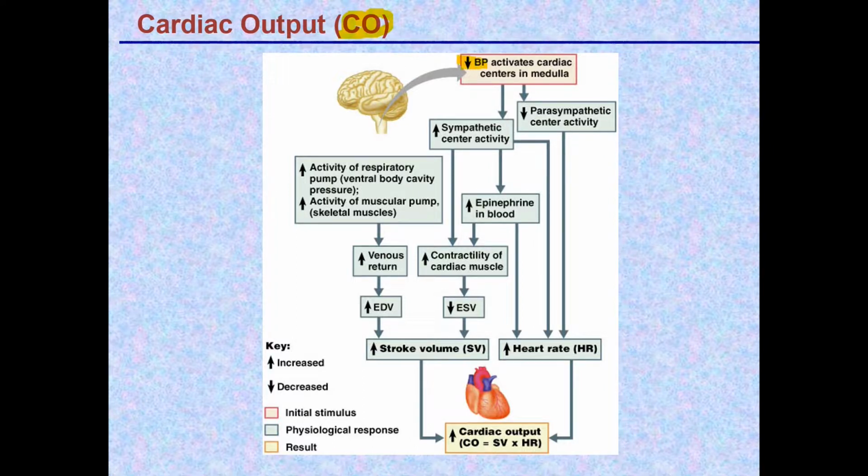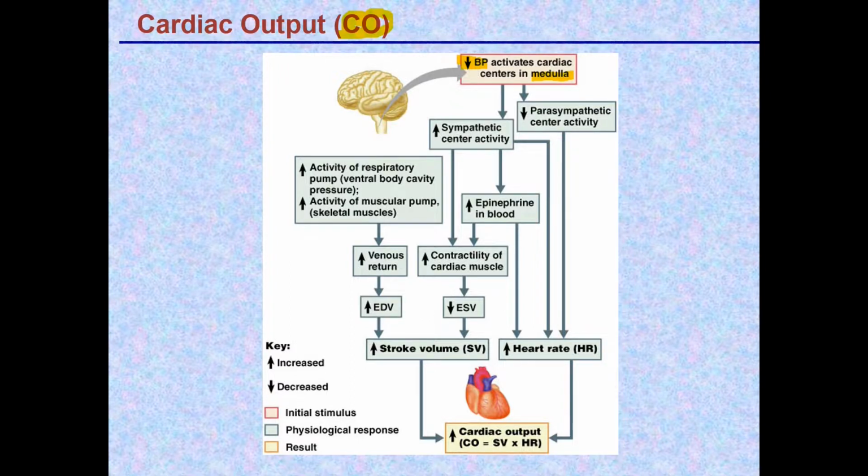If the blood pressure drops, that will trigger the cardiac centers in the medulla. The medulla is within the brainstem. This whole area here is the brainstem. So that's where the cardioacceleratory and cardioinhibitory centers are. Brainstem centers, they're cardiac centers affecting the function of the heart.